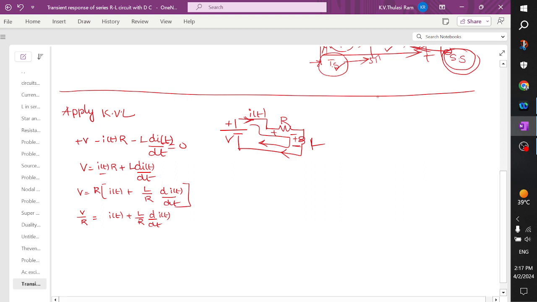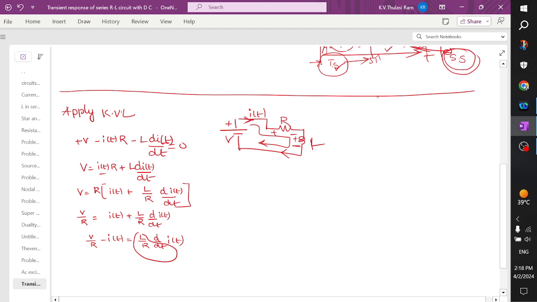So here I want to express in a standard format. So here I'm going to write down this as v by r minus I of t is equal to l by r into d by dt of I of t. So here we need to express this in one format, in such a way that this term I'm shifting to this side.